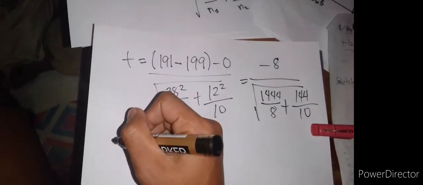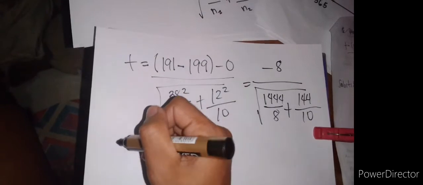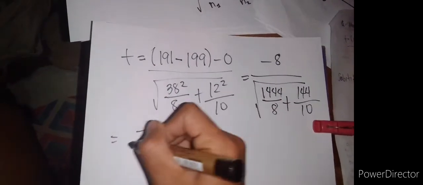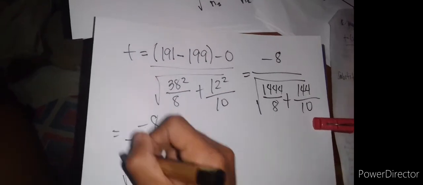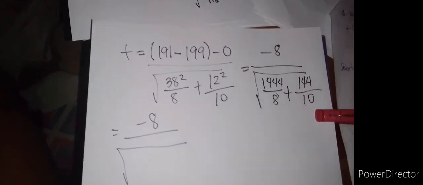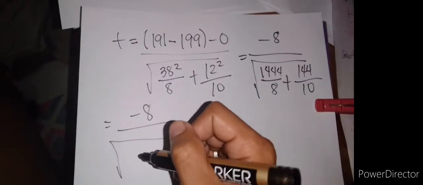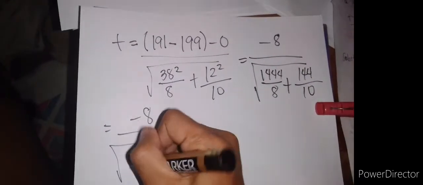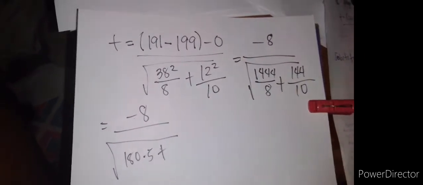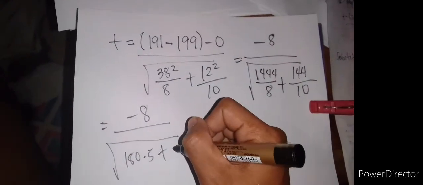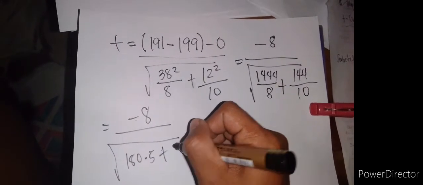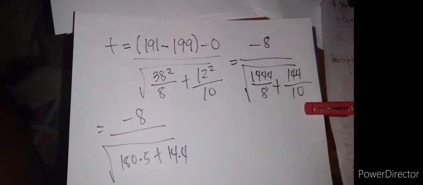Next, copy the negative 8 over the square root of 1444 divided by 8, which is 180.5, plus 144 divided by 10, which is 14.4.